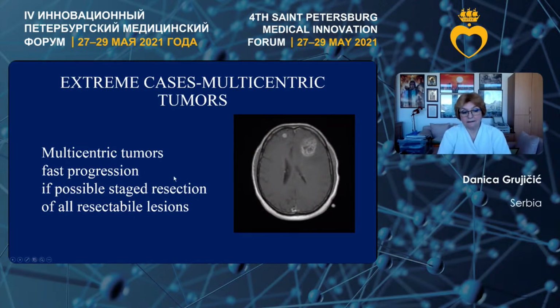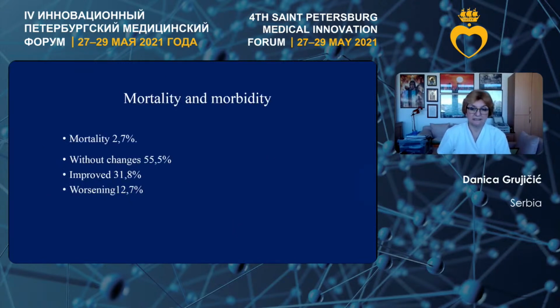Now, the multicentric glioblastomas usually have very fast progression, and in this case, it was possible to do the surgery of both lesions. Sometimes it's impossible, so we make 2 or 3 separate surgeries. That depends on the age of the patient and on the condition of the patient.